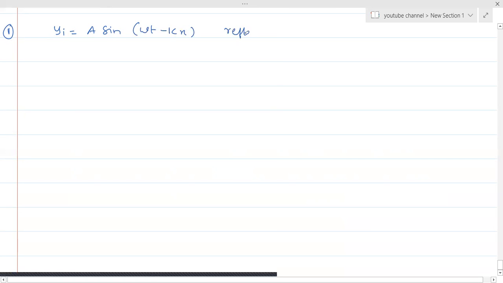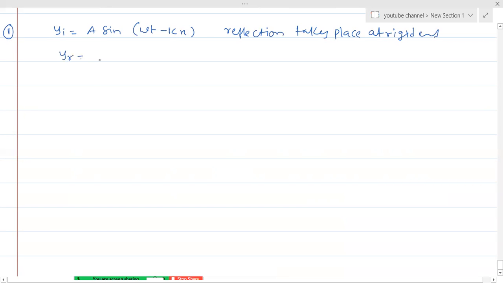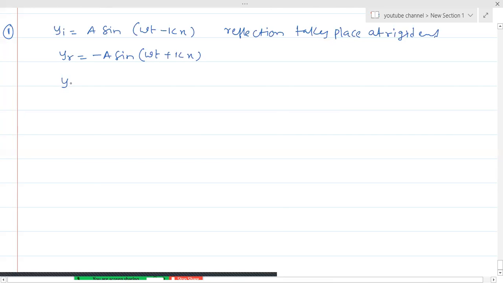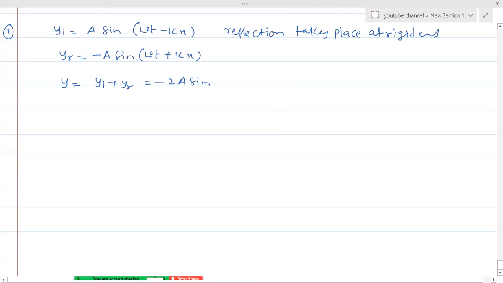And suppose it is given that the reflection takes place at a rigid boundary, so automatically the reflected wave is minus A sin(omega t plus kx). So we take the principle of superposition, that is incident plus reflected. So we are going to have minus 2A sin kx cos omega t.